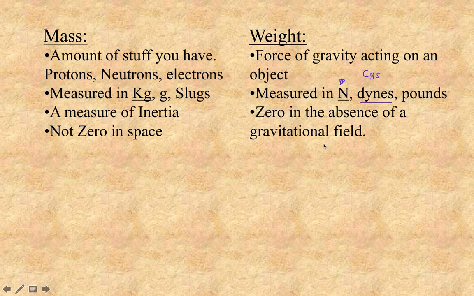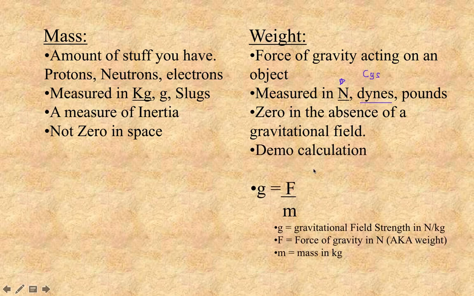And then here's a demo calculation. The only formula they've got in the data packet is that g is F over m, and this is buried way in the field theory part of it. Basically, the weight of an object is equal to the mass times gravity.